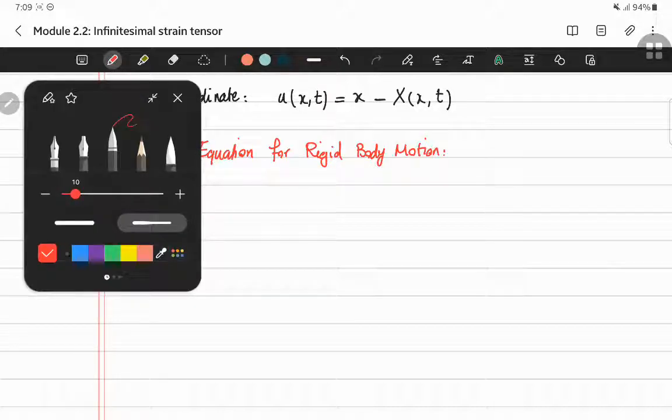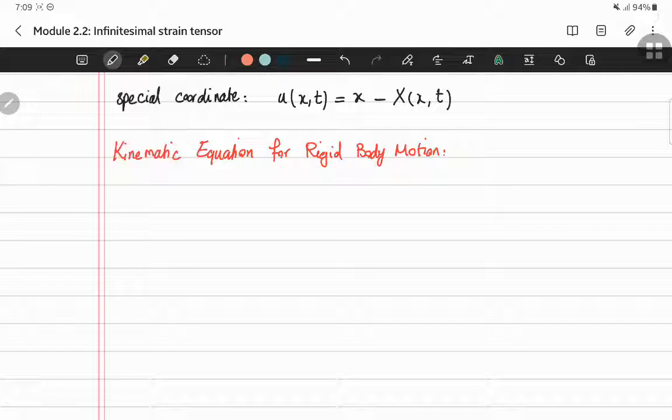So you can remember from your dynamics course where you had this kind of translation movement, for example, and you also had this rotation. So we're going to discuss this in continuum mechanics and develop their mathematical models.